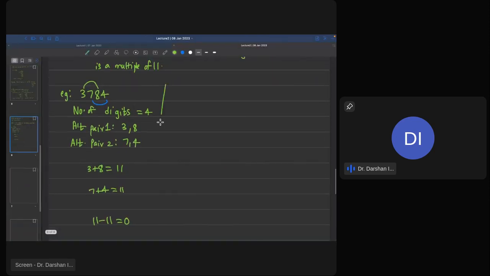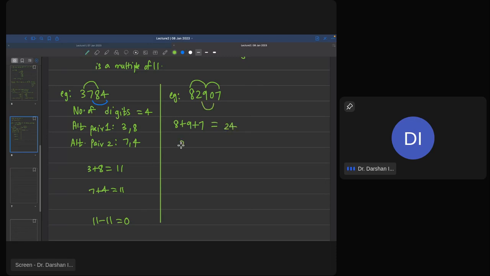Let's consider one more example: 82907. Let's try alternating this. This is basically 8 plus 9 plus 7: 8 plus 9 is 17, 17 plus 7 is 24.